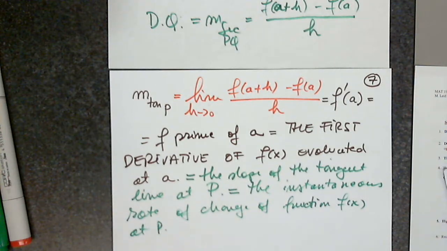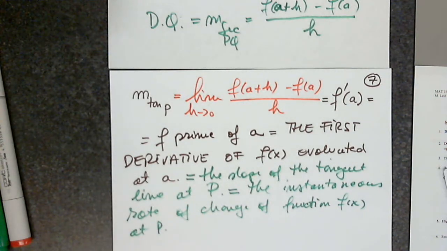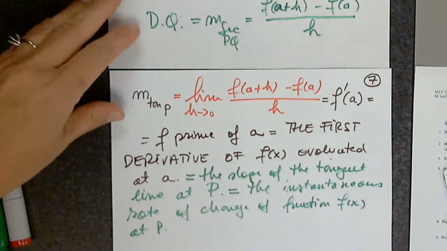The slope of the tangent line, the derivative, as well as the instantaneous velocity or the instantaneous rate of change of that function at that point.